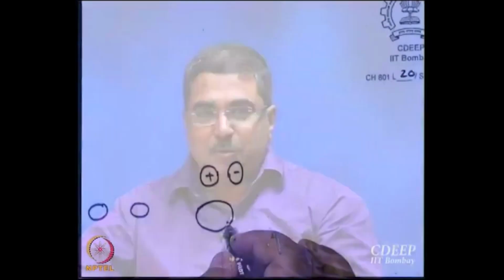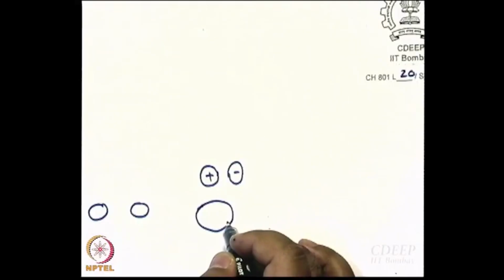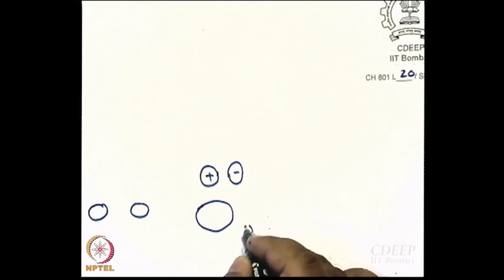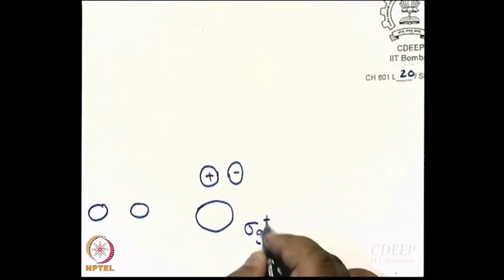So, even without looking at the character table, I think you can see that this is totally symmetric, right. So, what is the name of the totally symmetric irreducible representation? No, not in D infinity h. Sigma g plus. So, I can call it the sigma g plus orbital.